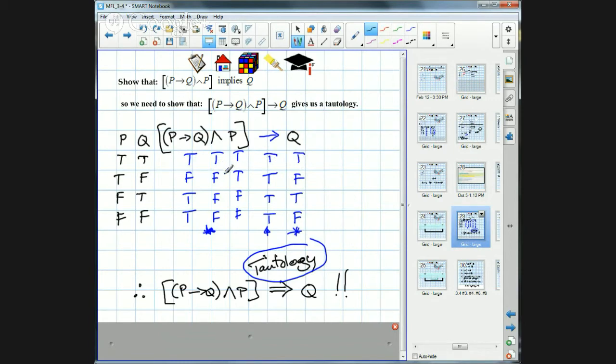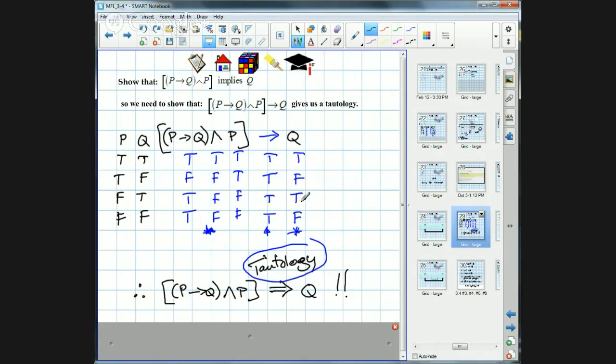That's true. How about false, false? That's true. How about false, true? That's true. How about false, false? That's true. And do you see that we got all truths as a result? That is called a tautology.